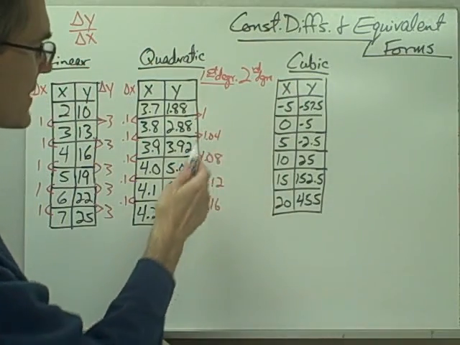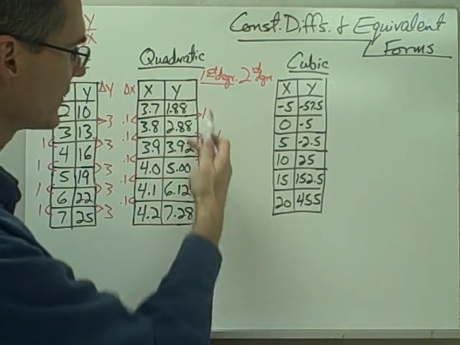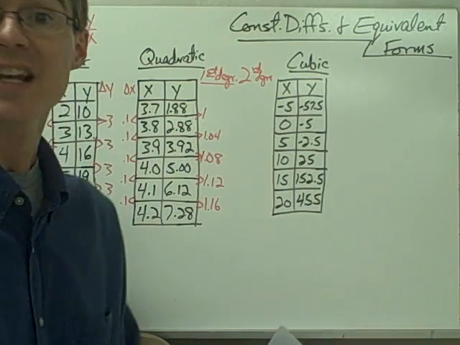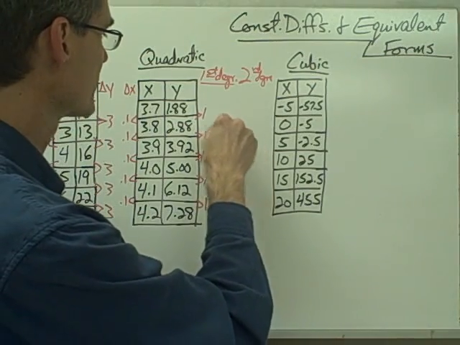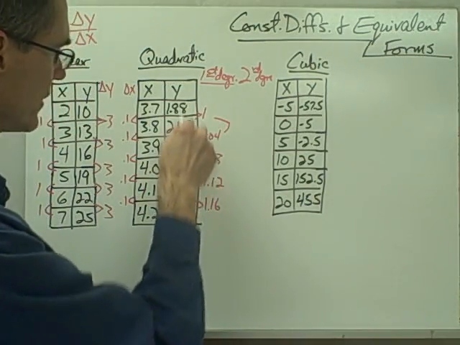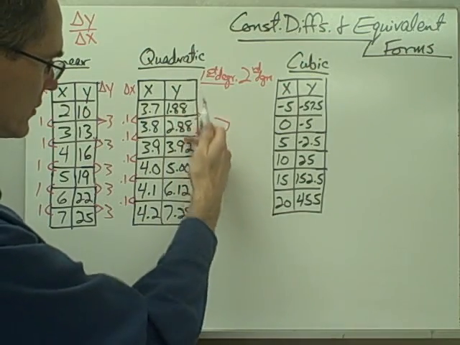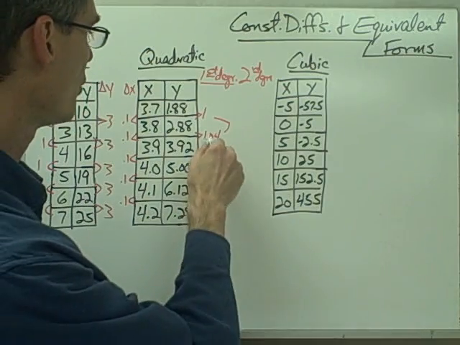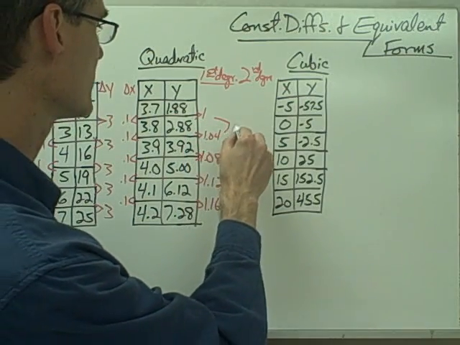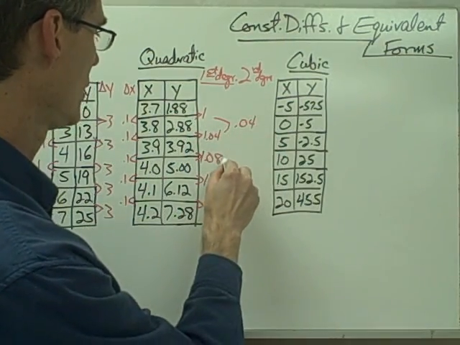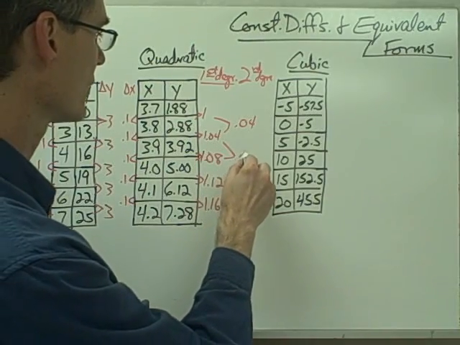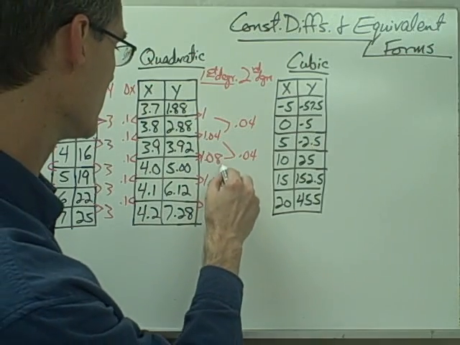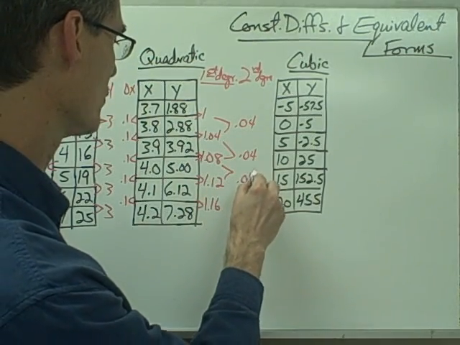The way I do that is I basically do this same thing again. That is, I take the difference between each of these sets of differences. In other words, 1.04 and 1 was the difference between these values of y. Now I'm going to take the difference between these two differences. 1.04 minus 1 is 0.04. 1.08 minus 1.04 is also 0.04. 1.12 minus 1.08 is also 0.04.